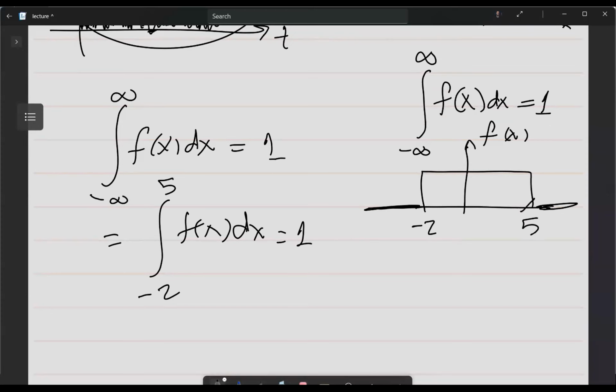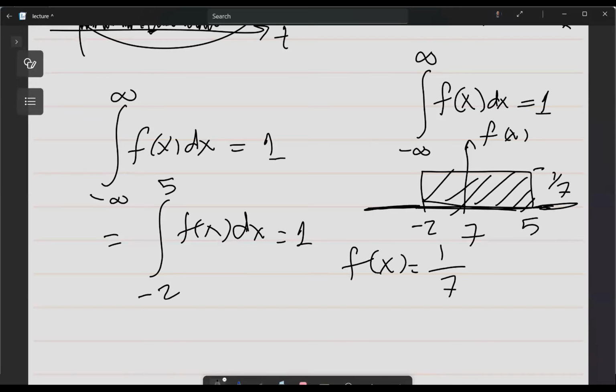We know the area is equal to 1, and the area of this rectangular shape is the width times the height. The width here is equal to 7, so the height must be 1 divided by 7. So in this case, f of x must be 1/7 from -2 to 5. Okay.